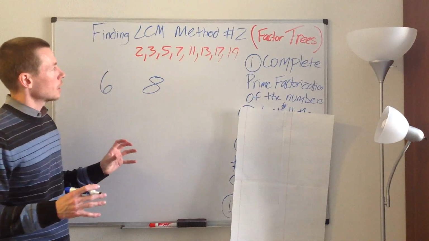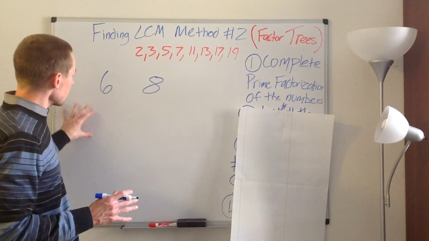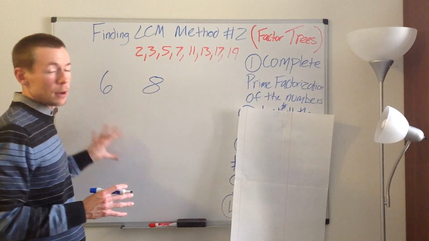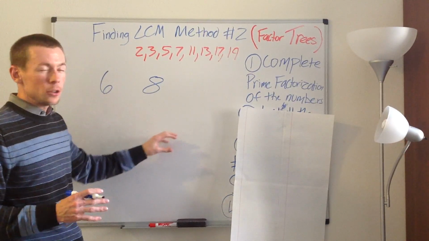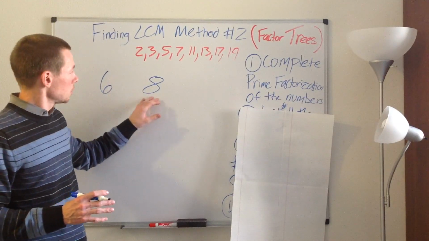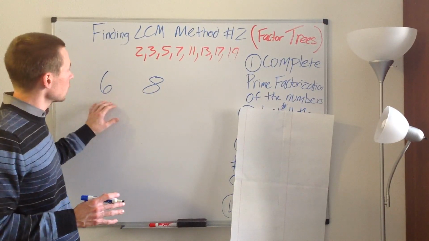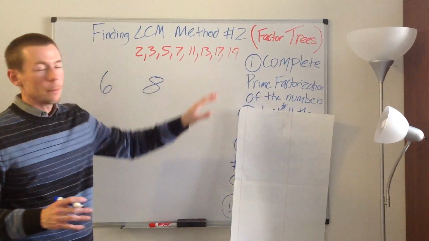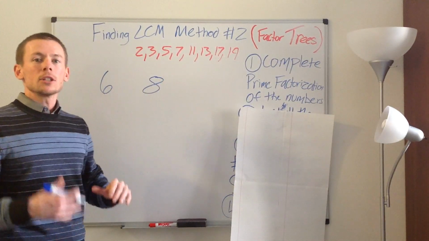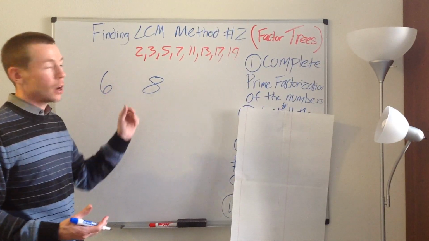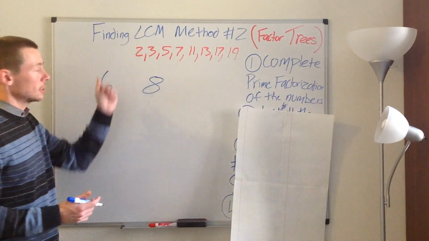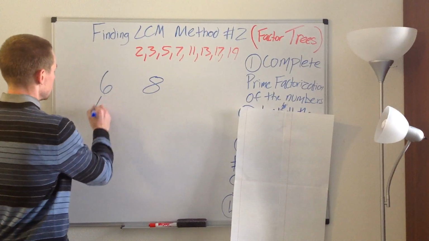Remember, that's looking for the set of prime numbers that multiply to make 6, and then the unique set of prime numbers that multiply to make 8. So we'll start with 6, and here I have the first 8 prime numbers listed. We start with the lowest primes and see if any of them go into 6. Does 2 go into 6?